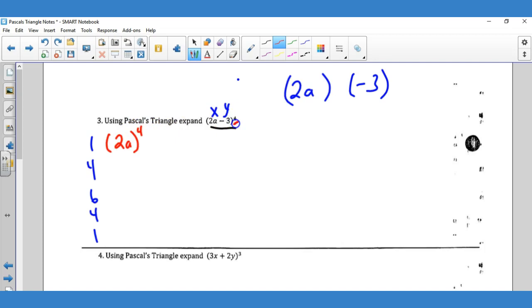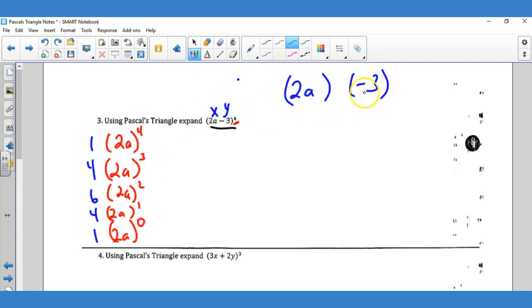Well, see how the degree here is the fourth? Since the degree is the fourth, I start with the fourth. And then I go 2a again and cube. Then 2a again, squared. Look at, I'm going down. Then 2a again, to the first. And then 2a again, to the 0. So 4, 3, 2, 1, 0.